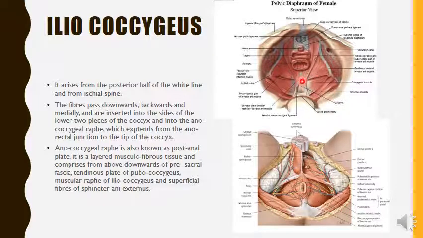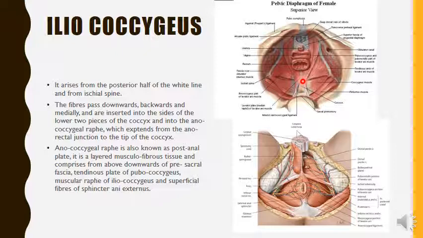What is it? It is a layered musculofibrous tissue, and what is included in this anococcygeal raphe from above downwards is the presacral fascia, the tendinous plate of pubococcygeus, the muscular raphe of iliococcygeus, and superficial fibers of sphincter ani externus.